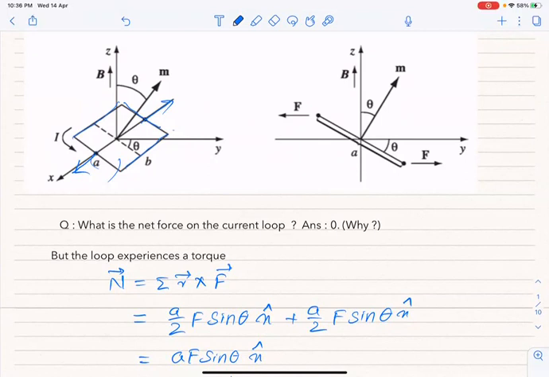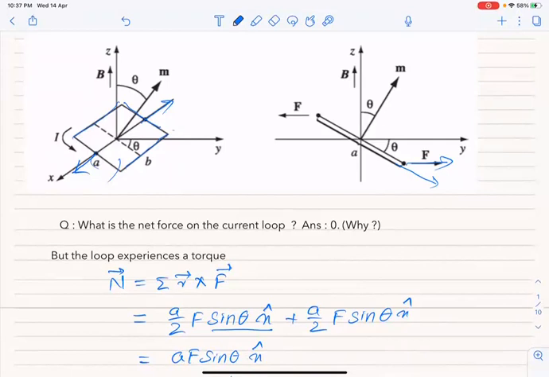Of course, with R cross F there is a cross product, so there will be sine theta and x cap, the direction perpendicular to both R and F. The F direction is this way, and the R direction is along this way, so the R cross F will come out of the page.